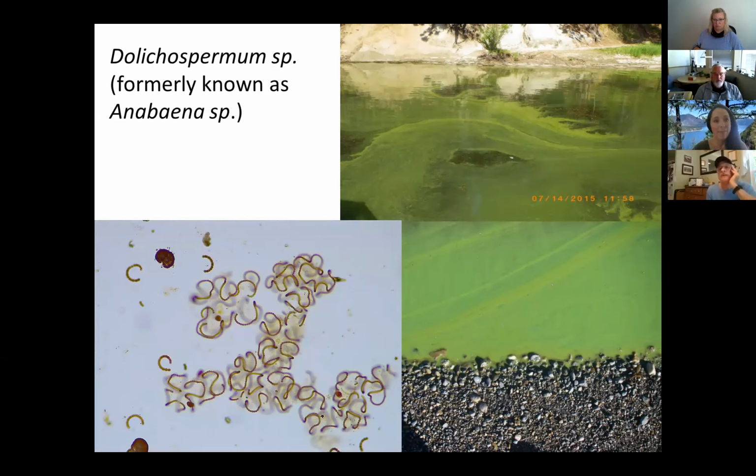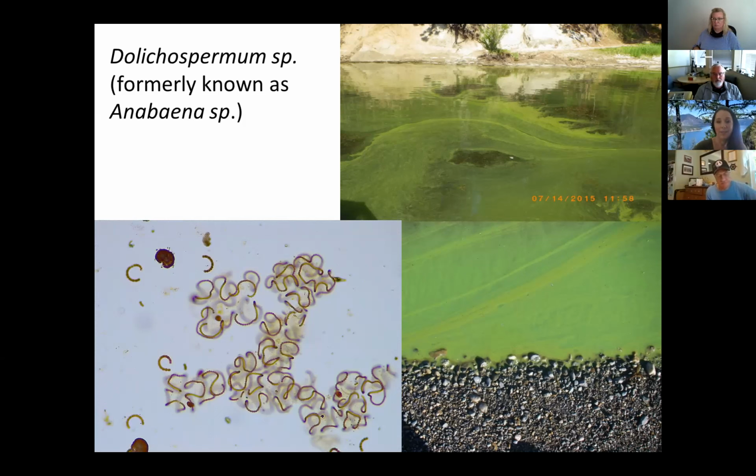This organism is Dolichospermum, and it used to be called Anabaena. It is a pretty nasty player. Oh, and the pictures that I'm showing are all organisms that we saw in Twin Lakes last year. So Dolichospermum can produce both microcystin and the anatoxin toxin. So it is quite beautiful, and it can present itself in this iridescent green, but it doesn't always.